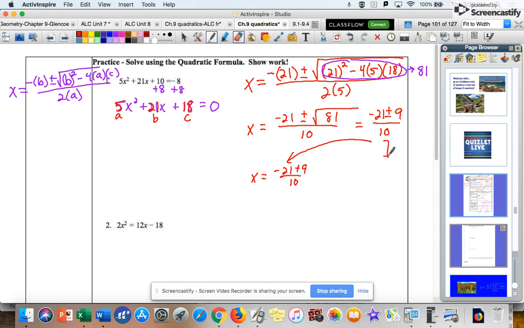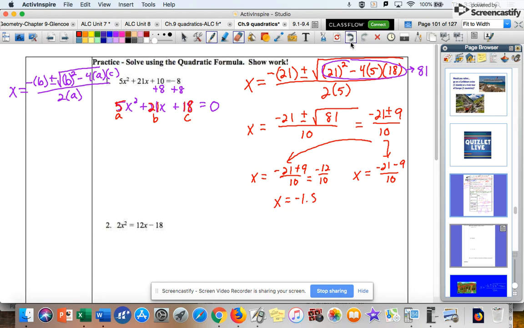And the other one is going to be x equals negative 21 minus 9 over 10. So in this case, let's see, negative 21 plus 9 is negative 12. Negative 12 divided by 10. So x is equal to negative 1.2.